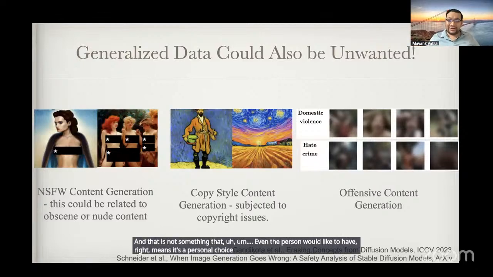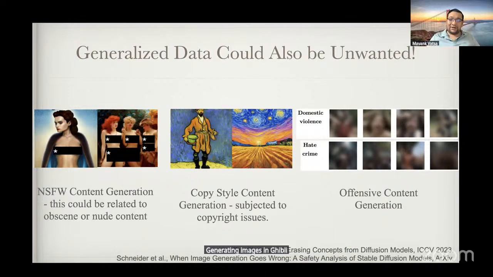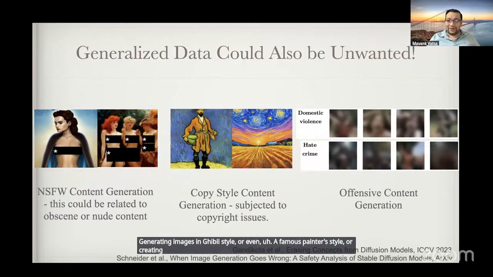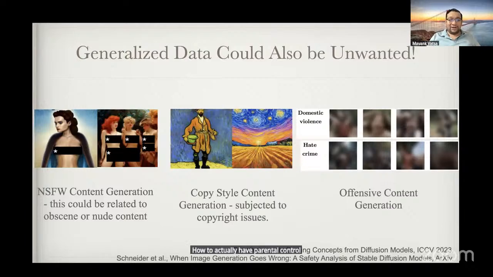And there is copying style content, such as generating images in Ghibli style or a famous painter's style, or creating NSFW content. How do we have parental control when generating from ChatGPT or Grok or many of these models?